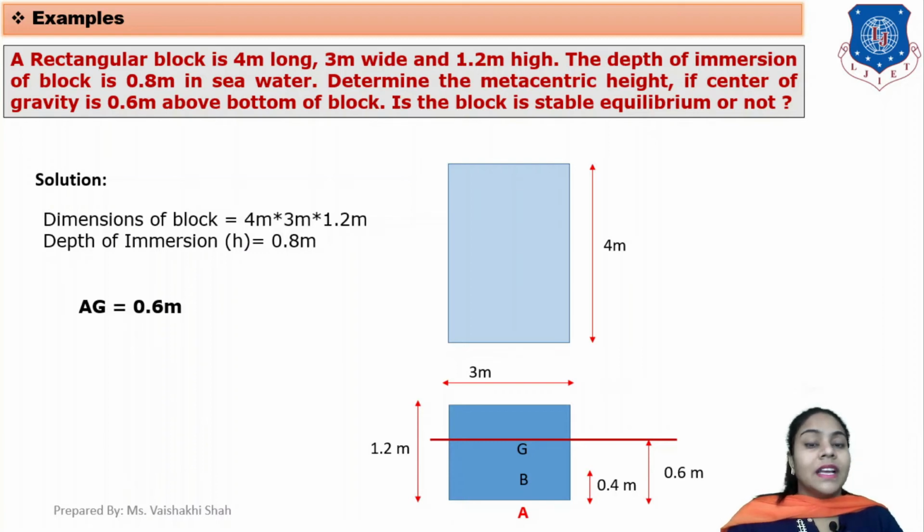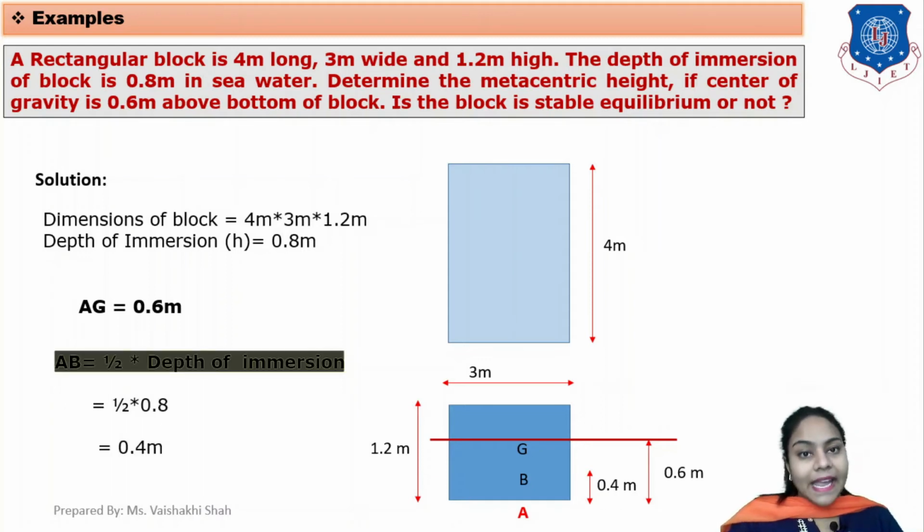Now, as I told, AG, the distance from A to center of gravity G, is 0.6 meter, which is 1.2 divided by 2, and AB, the distance of point A to the center of buoyancy, is half of the depth of immersion, that is half into 0.8, which is 0.4 meter.